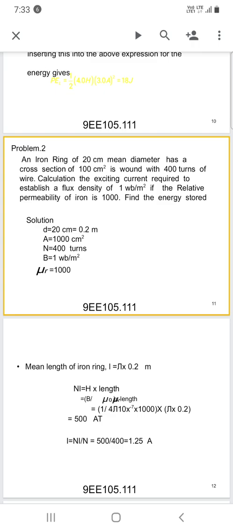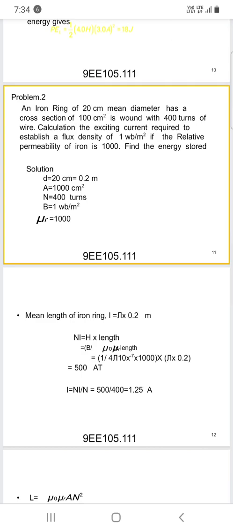From the above problem, you have to observe the given data. Here the diameter is given, D is equal to 20 centimeter. Converting centimeter to meter, we get 0.2 meter. Next, the area of cross section is A equal to 100 centimeter square.